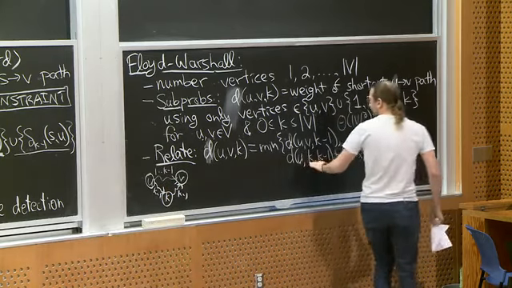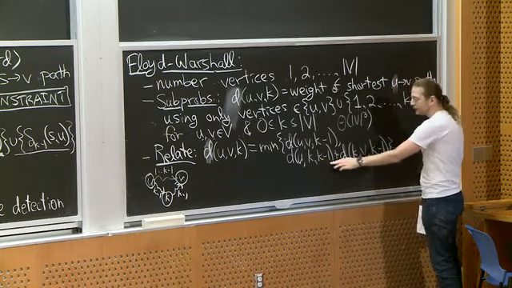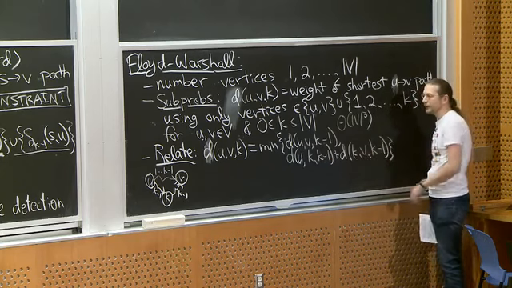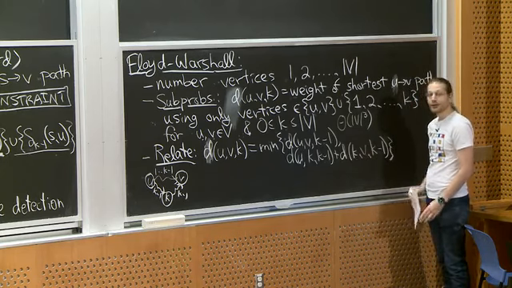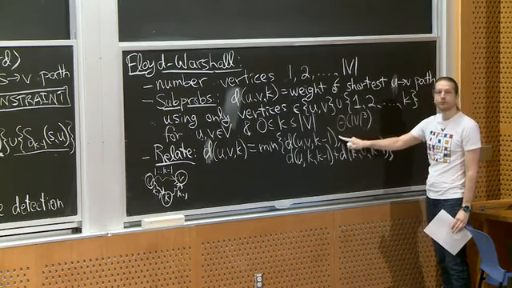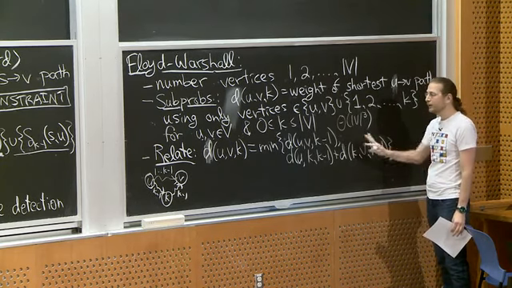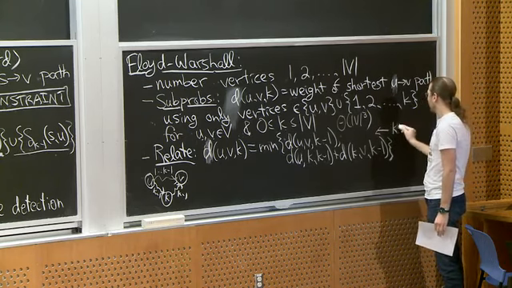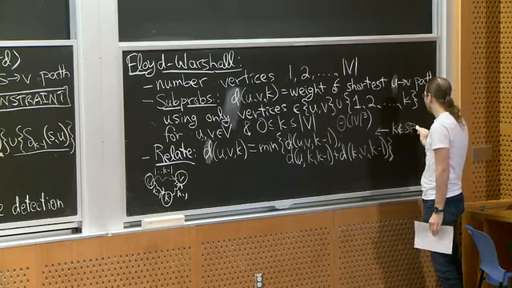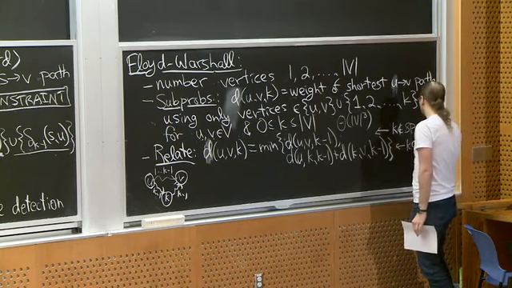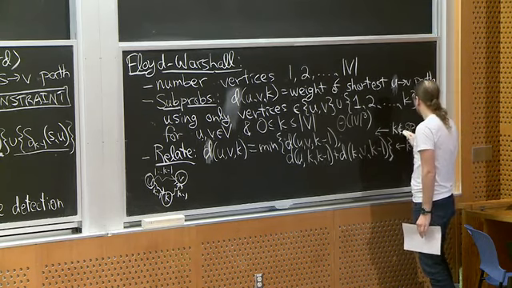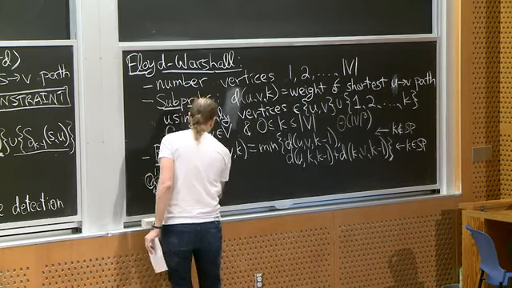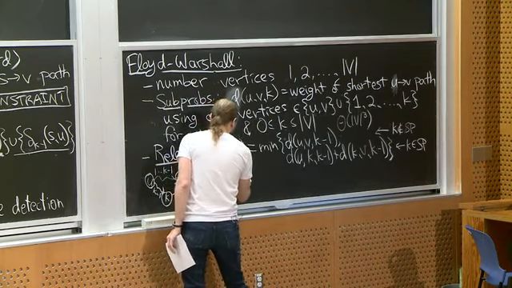It's from u to k using labels up to k minus 1, and from k to v using labels up to k minus 1. Okay, the cool thing here is the min only has 2 terms, so this takes constant non-recursive work. So this is k is not on the shortest path, and this is k is on the shortest path.